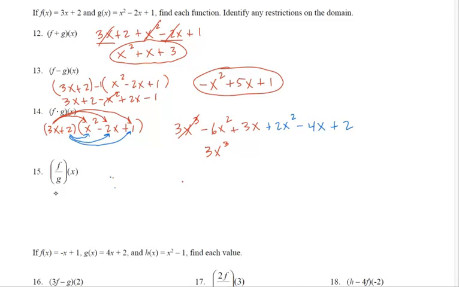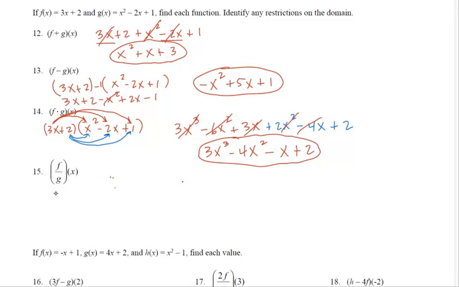Negative 6 plus 2 is negative 4x squared. There's a couple of x to the first terms. 3x minus 4x is negative 1x. And there's only one constant, and that's plus 2. And again, no fractions, so no restriction on the domain.